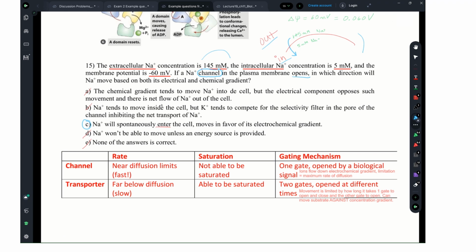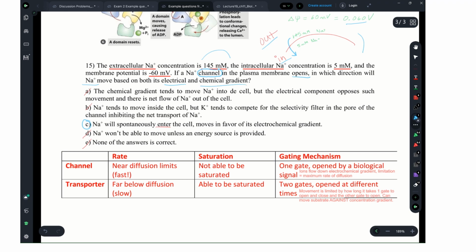And the membrane potential is minus 60 millivolts, so that would be 0.060 volts. So they're saying if a sodium channel, so now we're not talking about a pump, we're talking about a channel, opens, in which direction will the sodium move based on both its electrical and chemical gradient?